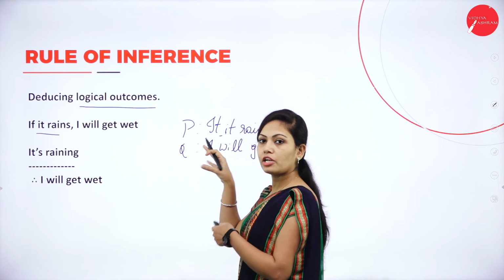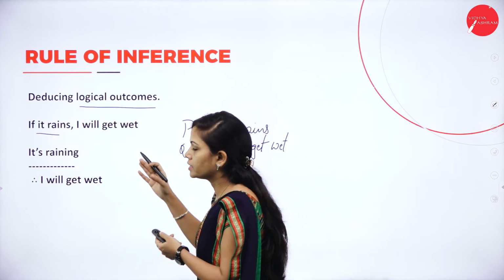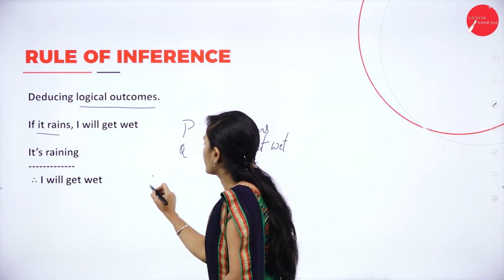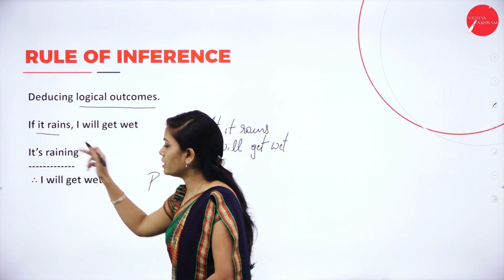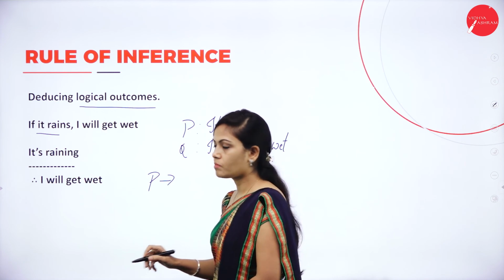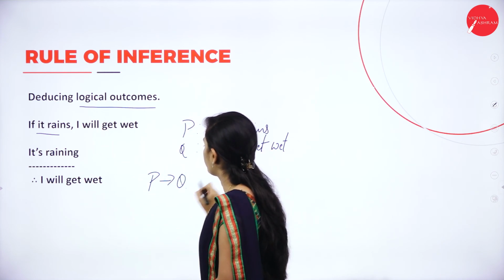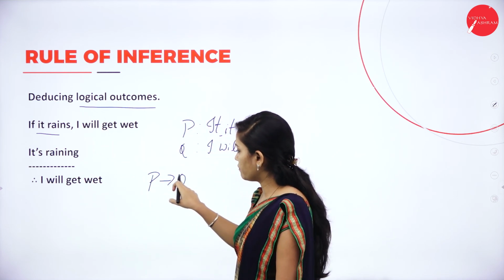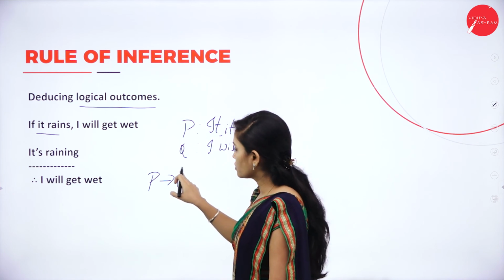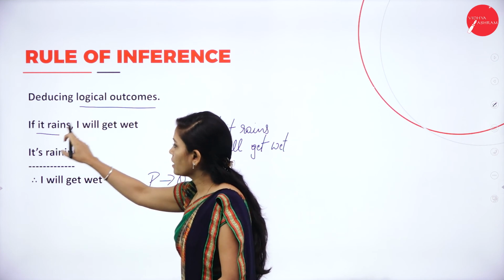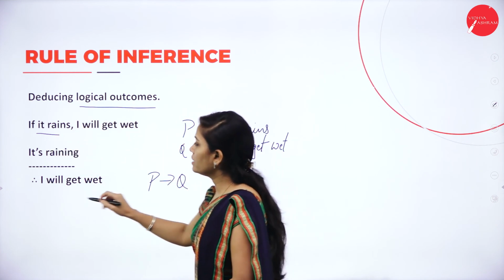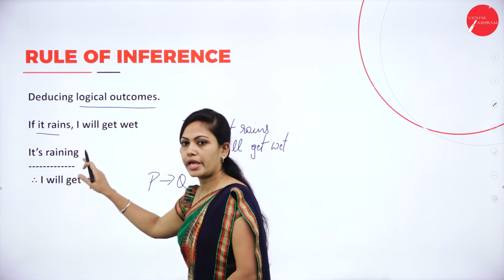This statement can also be written with the help of logical implication. If it rains, I will get wet, right? So this is called P implies Q: if P, then Q. And the second statement is it's raining.